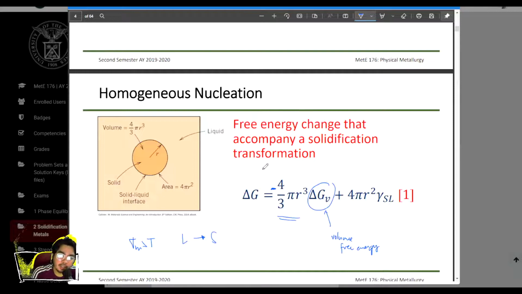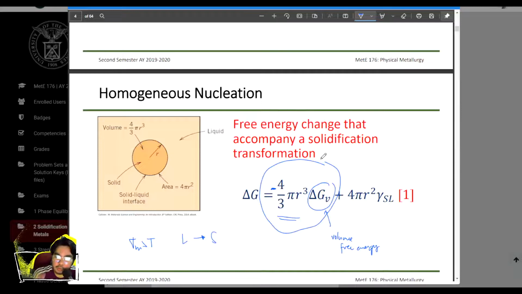And the assumption is that it's a sphere because in nature we always tend to minimize the surface free energy, and the sphere has the highest volume to surface area ratio. Okay? So this is the first component of the free energy associated with the transformation from liquid to solid, and this is the negative component, the volume free energy.